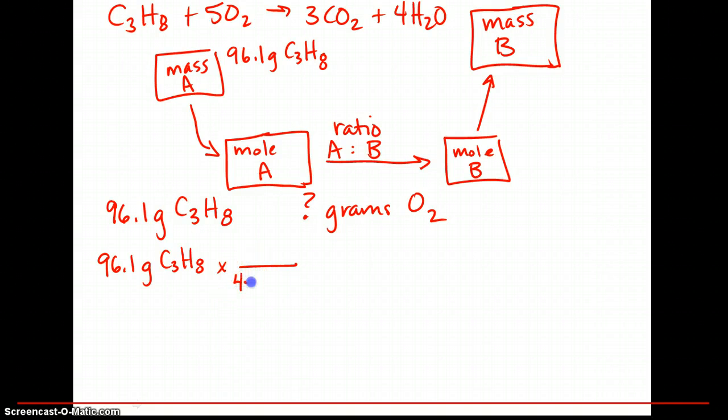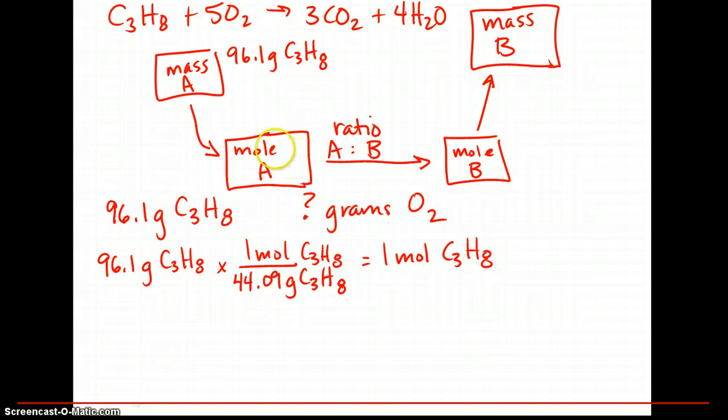And if I look at my periodic table and add up 3 carbons and 8 hydrogens, I see that I have this being my molar mass over 1 mole of C3H8, which works out to be, by chance, 1 mole of C3H8. Okay, so that's what I'm going to place over here. So here I know I have 1 mole of C3H8.